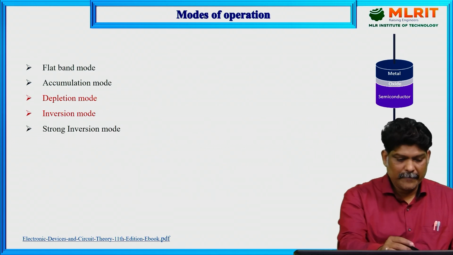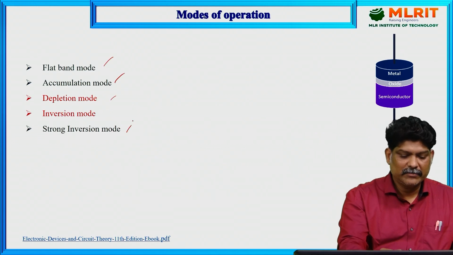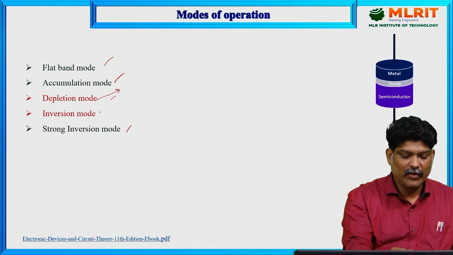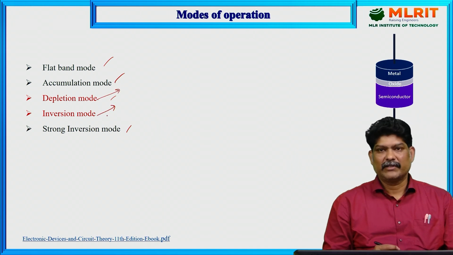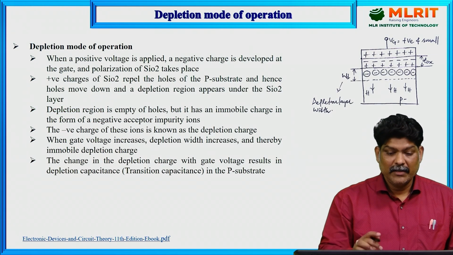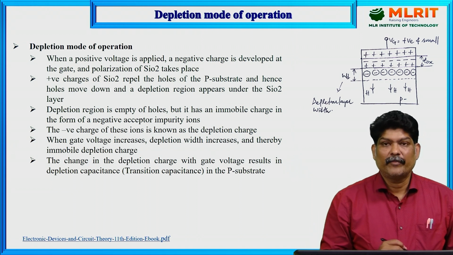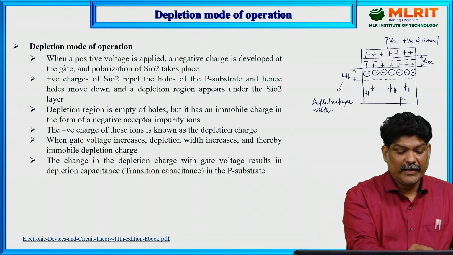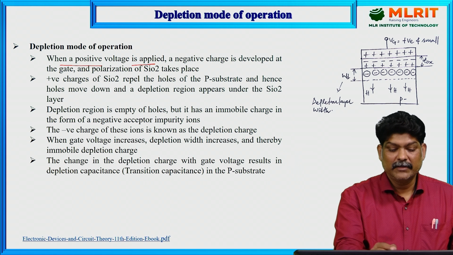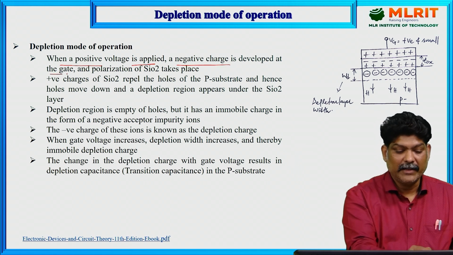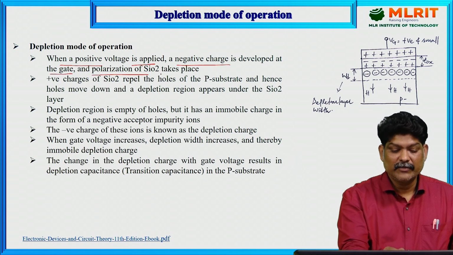So we have 5 modes. Today we mainly focus on depletion mode and inversion mode. Coming to the depletion mode of operation. When a positive charge is applied, a negative charge is developed at the gate and polarization of SiO2 takes place.